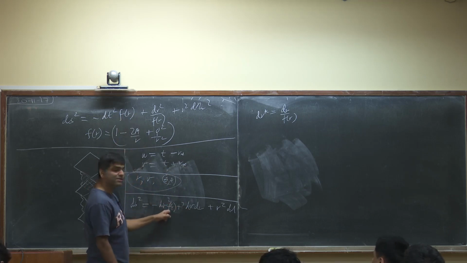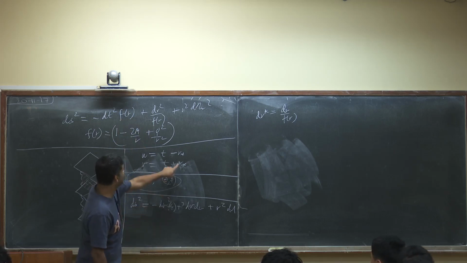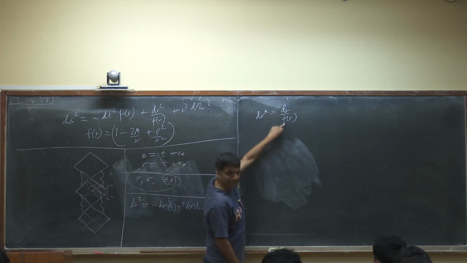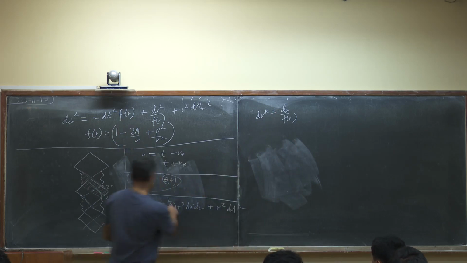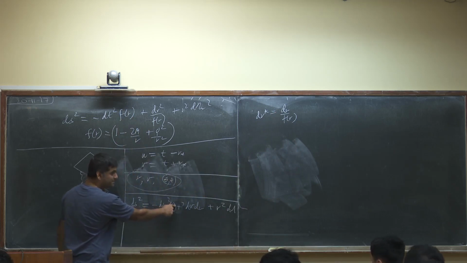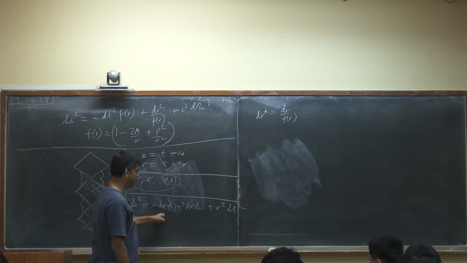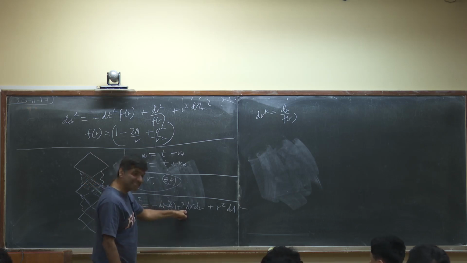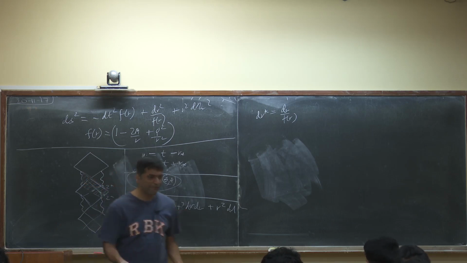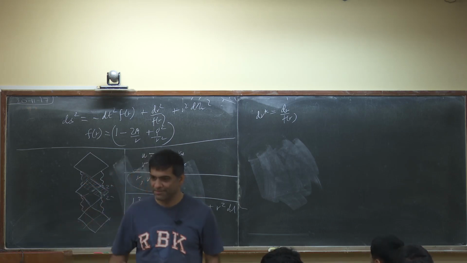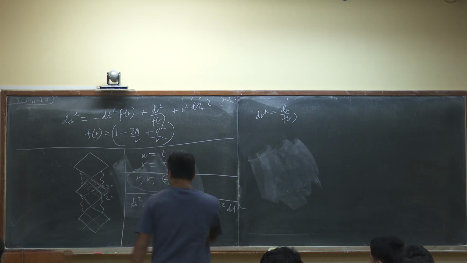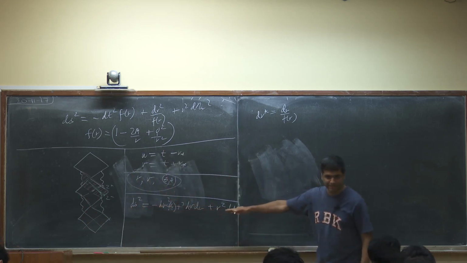And then what about the dr squared terms? For that you just take dr by f of r, the whole thing squared, and one over f of r is killed. So you get minus dr squared by f of r, but from here you get plus 2 dr squared by f of r, so you get plus dr squared by f of r. We've gone through this before; I just wanted to remind you.